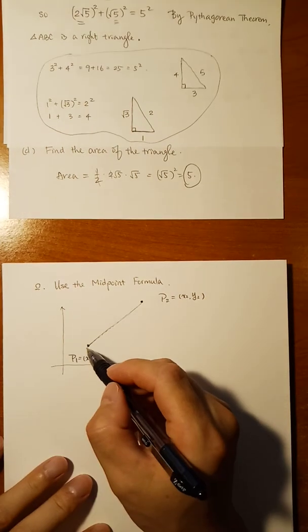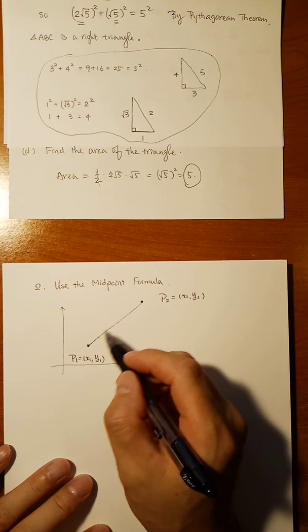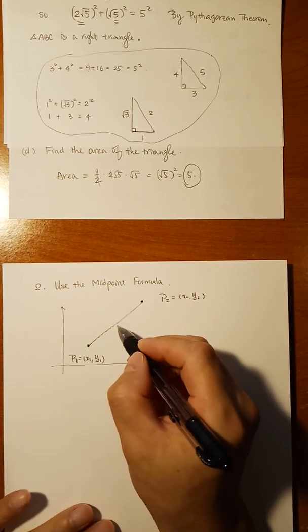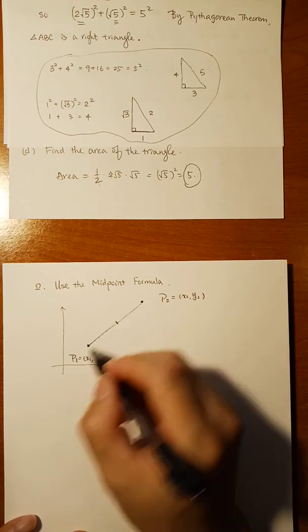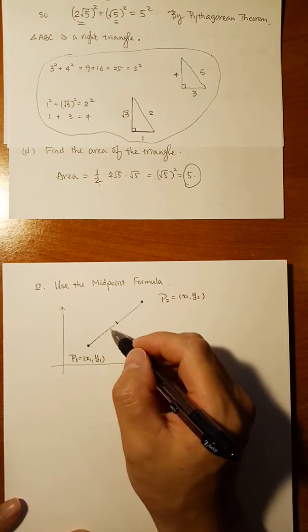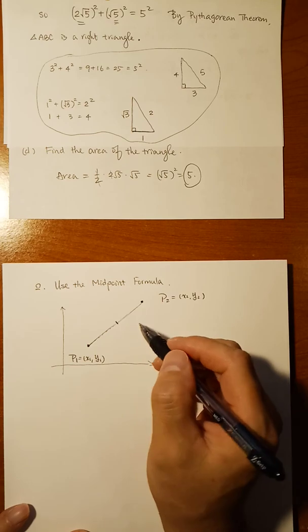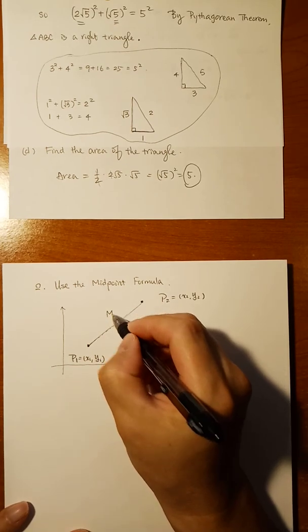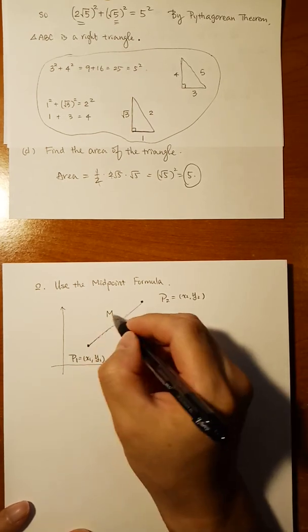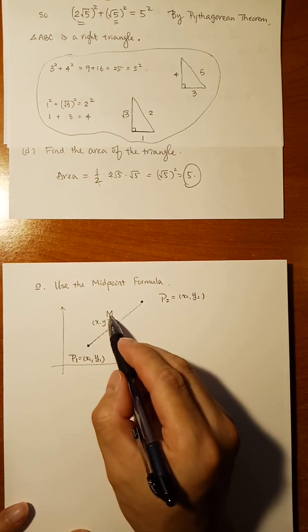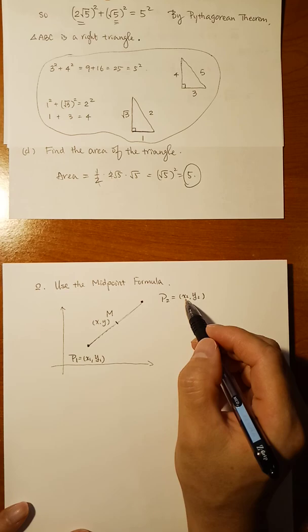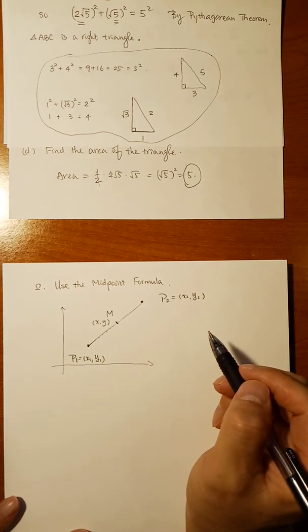Then you connect P1 and P2, you get a segment. And then the segment has a midpoint, halfway between P1 and P2. M is a point, so we want to know what is the relation between the x, y coordinates of the midpoint and x1, y1, x2, y2.